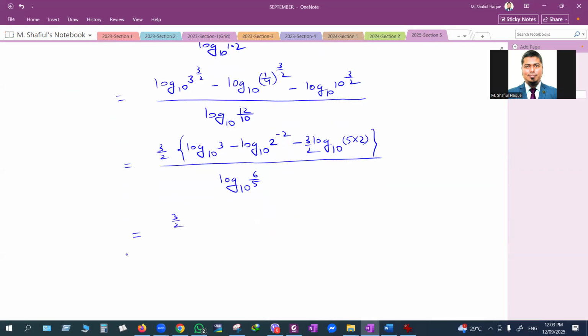Numerator 3 by 2, this is log 10 of 3. It's minus 2 will come forward. So it will be plus 2 into, minus minus plus, so 2 into log 10 of 2, and minus, oh, this 3 by 2 should not be written. There's a mistake.